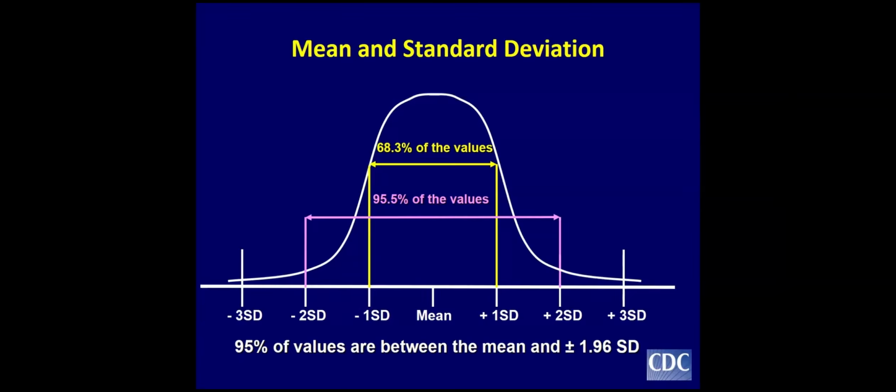So now, just looking at it, tell me, what percentage of my observations will be below this minus 1 SD? Just think for a minute and tell me. What percentage of my observations will be below mean minus 1 SD? This part.